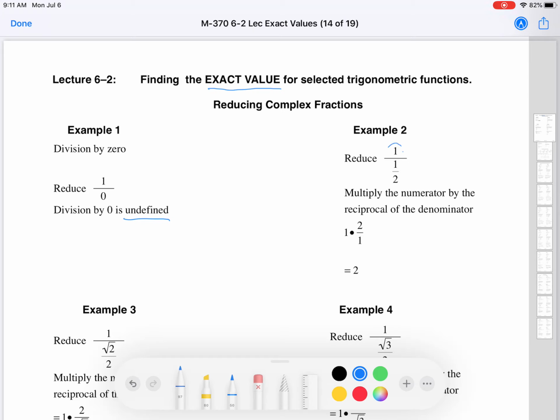If you have 1 divided by 1/2, like we do here in example 2, you know what to do. From your arithmetic days, you multiply by the reciprocal, and you come up with the number 2. When I was mentioning that numbers like 1/2, root 3 over 2, and root 2 over 2 were the only ones that you'll come up with, I was mistaken in a way.